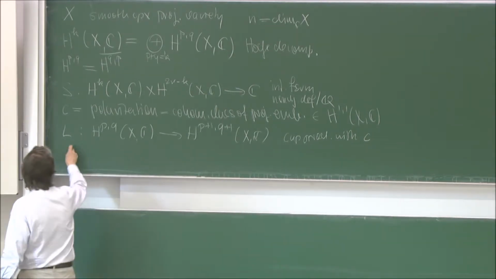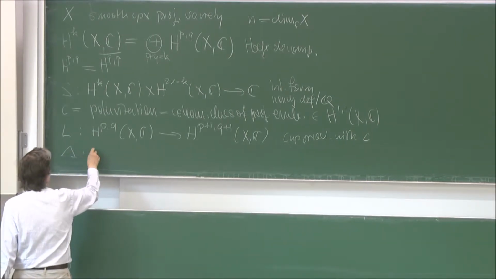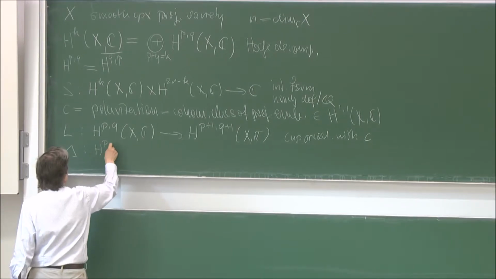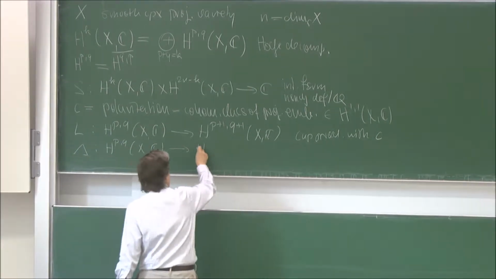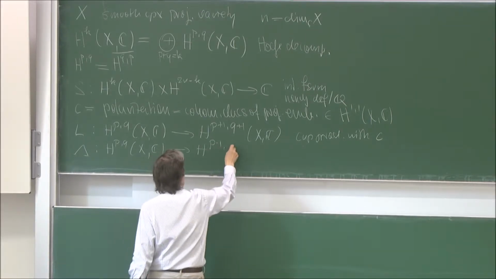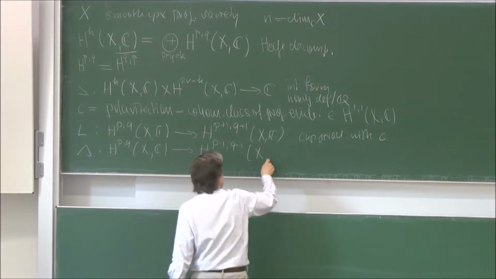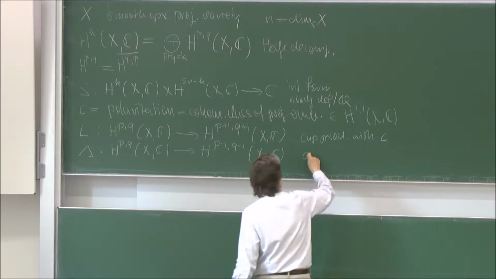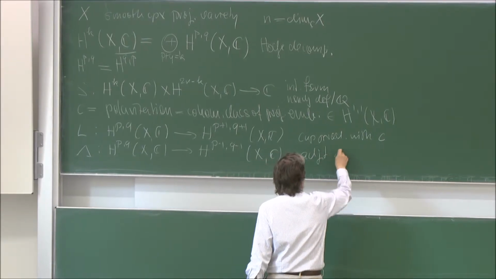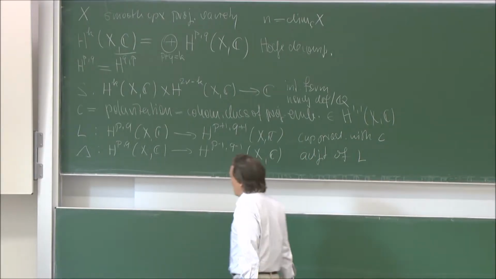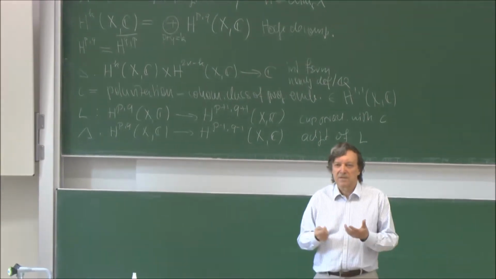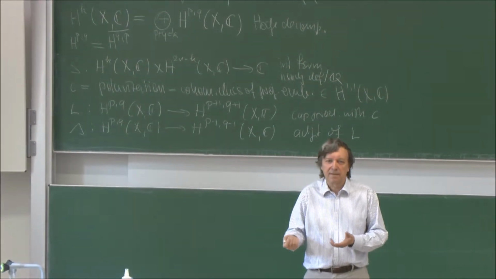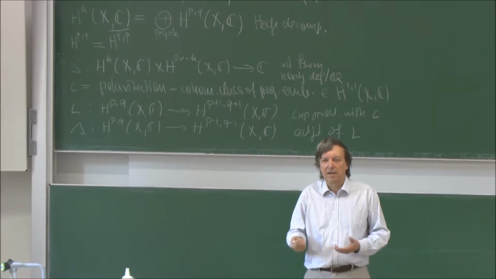And lambda in the opposite direction, to H^{p-1,q-1}, the adjoint of L. I don't want to formally define it, but there's a star operator, and lambda is star L star.